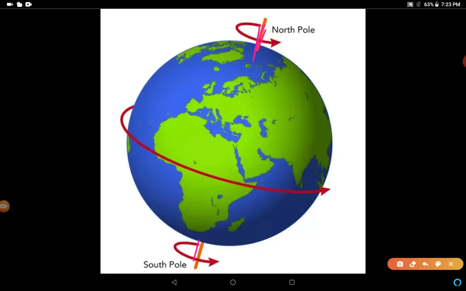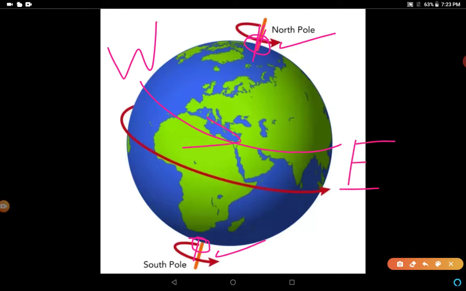The axis passes through 2 points, the north pole and the south pole. Getting my point? These are the 2 points on the globe through which the needle passes. The globe can be moved around this needle from west to east, because Earth rotates in the same direction.